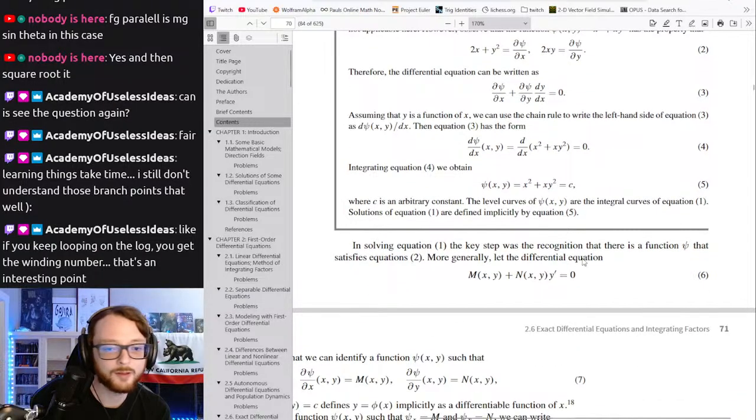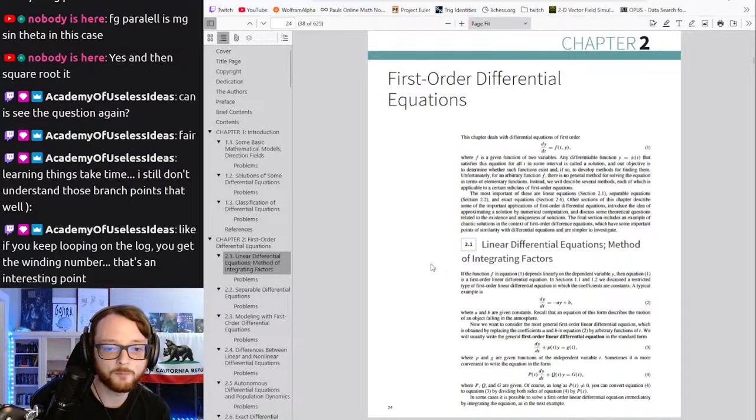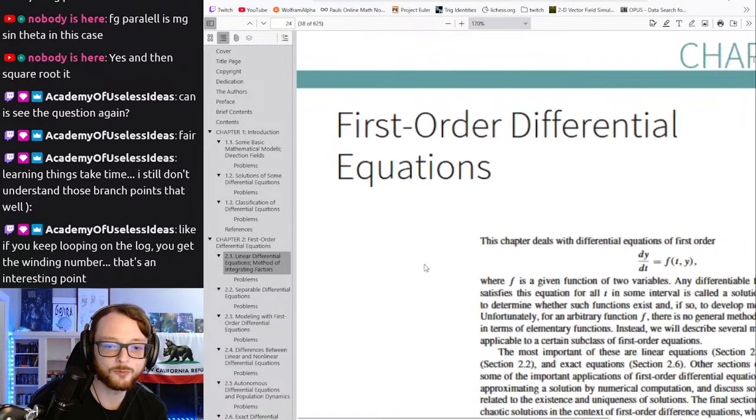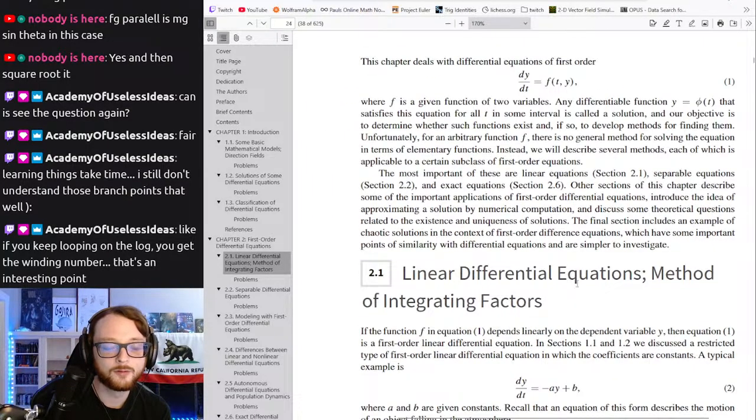I don't know. Okay. So let's go to the more basic thing on integrating factors. That's the thing I actually was interested in figuring out.